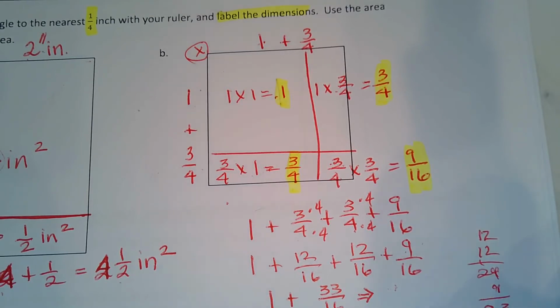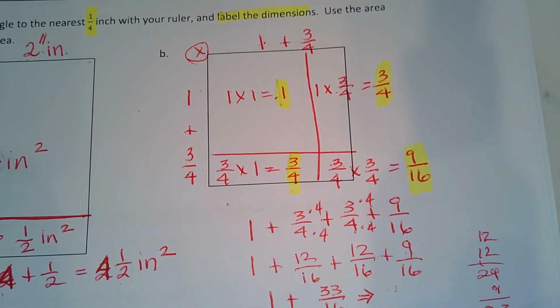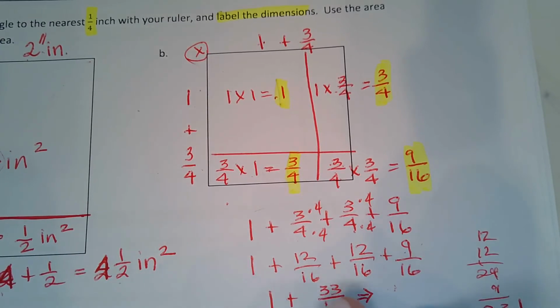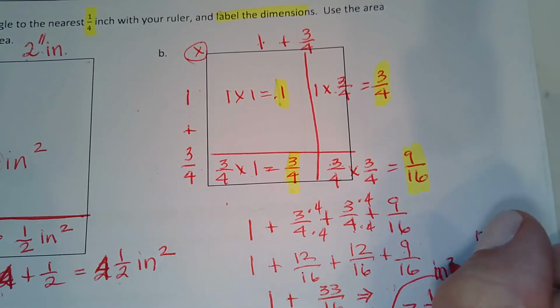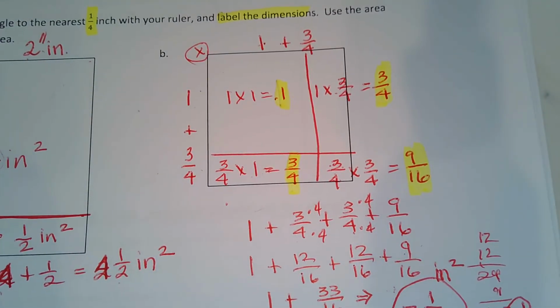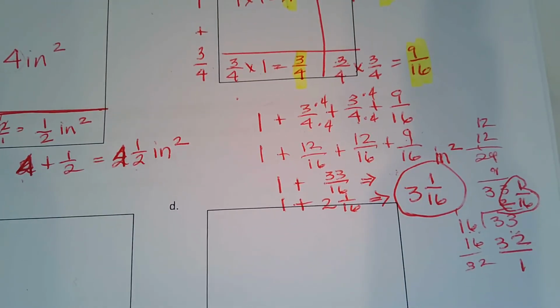It's going to go twice for 32 and 1/16. So this becomes 1 plus 2 and 1/16, which becomes 3 and 1/16. That is your area, inches squared. All right.